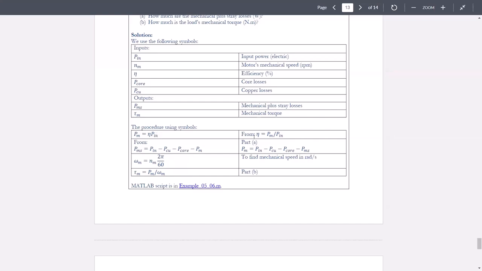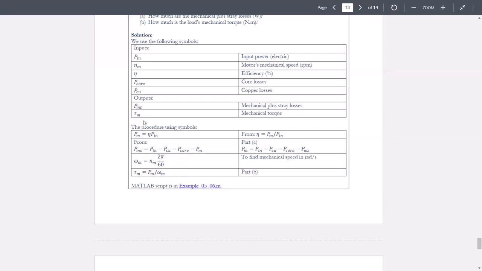Now, if you look at the power flow, P in minus P copper minus P core minus PMS becomes PM. If you just replace PM, PMS means P friction plus stray losses. That would be found. And this is the first part of the problem where you can easily find the PMS.